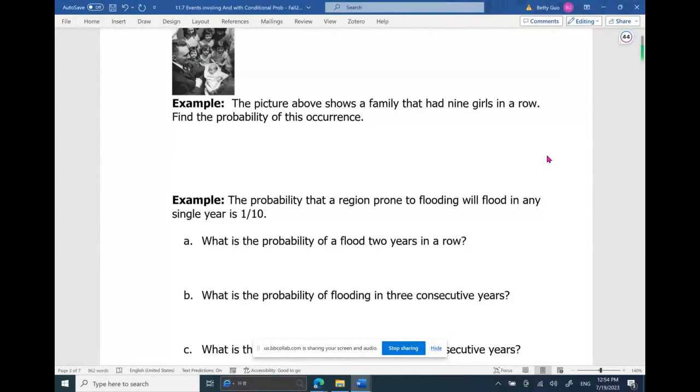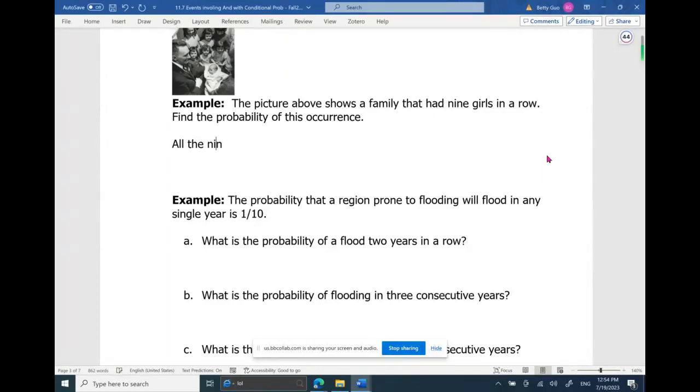We assume all those 9 births are independent. The first time the mom has a girl or a boy does not affect the second time she has a girl or boy.